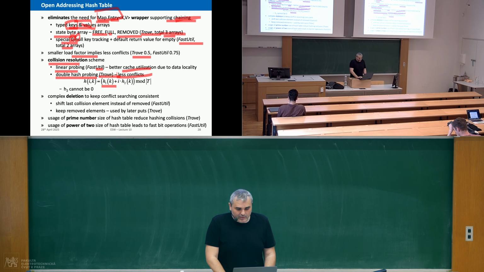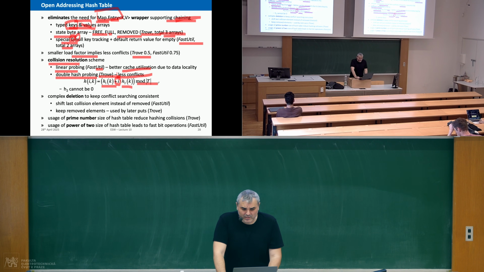Then it first uses hash 1 for indexing. If there is a conflict, add the hash 2 value to that of the same element. And if there is another conflict, there is this i index. Finally, modulo T, the dimension of the hash table size, because you need to fit inside.